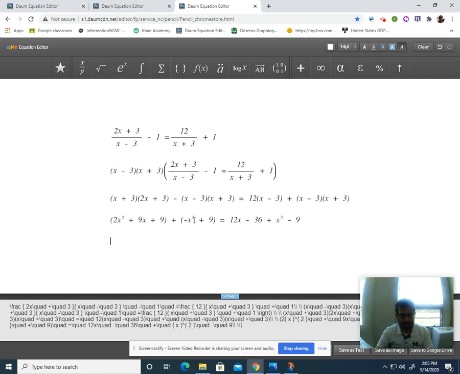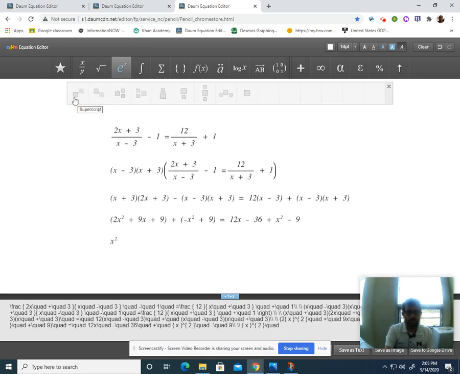So 2x squared and negative x squared give me x squared. I have plus 9x, and then I have plus 18. And that equals, and again, I've got a few like terms over there as well. So I'm going to get x squared, and I'm going to get 12x minus 45.